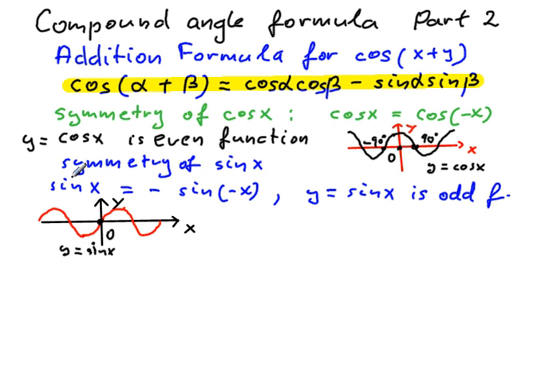Symmetry of sine x. This graph right here represents a sketch of the sine x function. The sine x function is symmetrical about the origin. For example, for sine 90 the ratio is 1, but for sine of negative 90 degrees the ratio is negative 1.